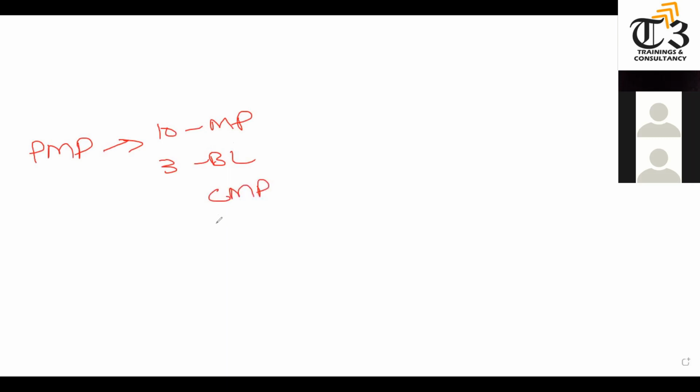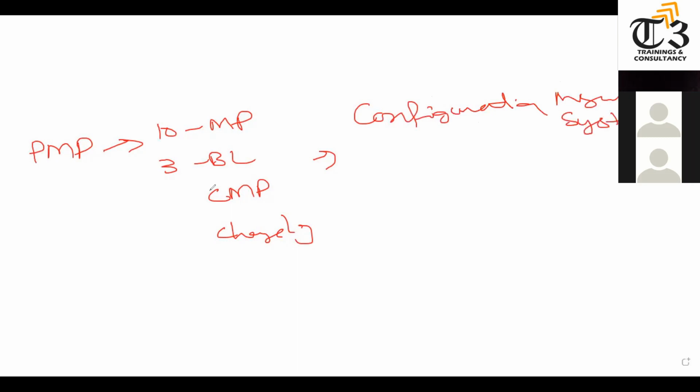Change control plans, change management plan, change logs, everything will be here. Once we have defined how the changes will happen, to control the changes we have the configuration management system, which takes feedback from the change management plan.